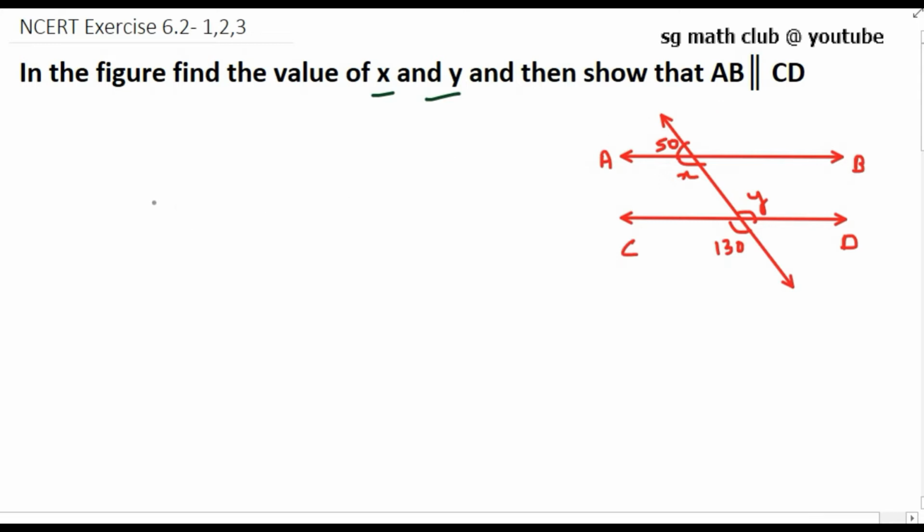So we can see that in the figure they have given, AB and CD are two lines and the transversal cuts these two lines. We need to show AB is parallel to CD, and also we need to find the value of x and y.